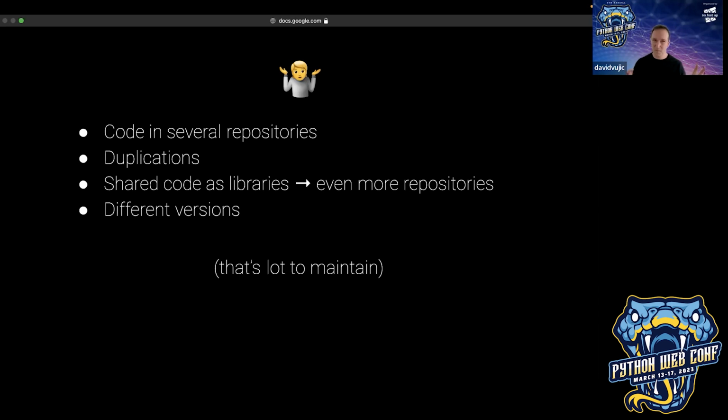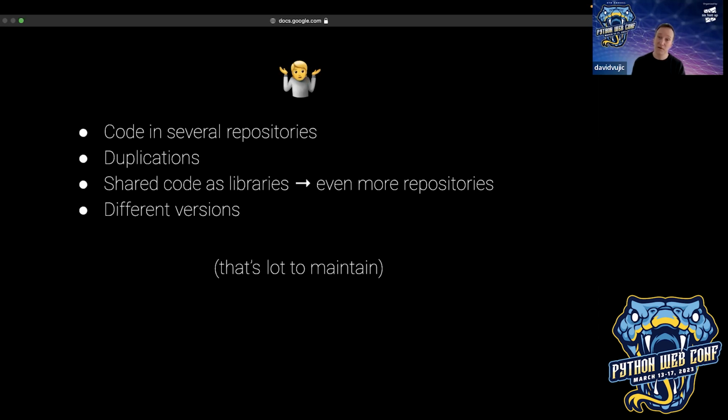So you have some amount of duplication, maybe boilerplate code, maybe some implementation or infrastructure code or something like that. If you have several microservices and you have found code that is used in several of them, what is quite common is that you extract that code and create a library for it.